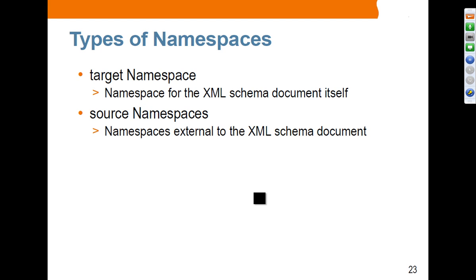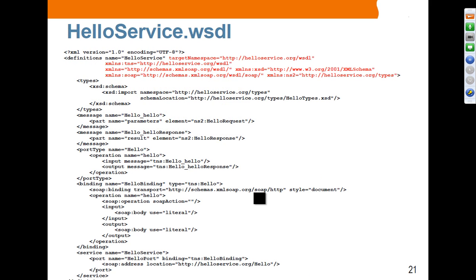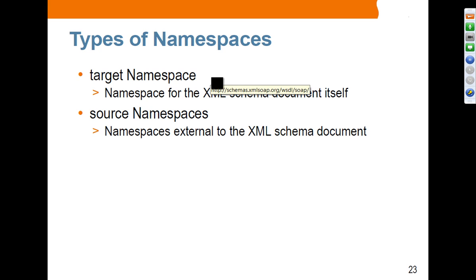I'm going to explain what it means using an example in the following slide. If you don't understand what I'm talking about, don't worry about it. Source namespaces are namespaces external to XML schema documents. These are the typical namespaces that we have seen so far. These are all source namespaces, meaning they define the namespaces that you are going to use elements from.